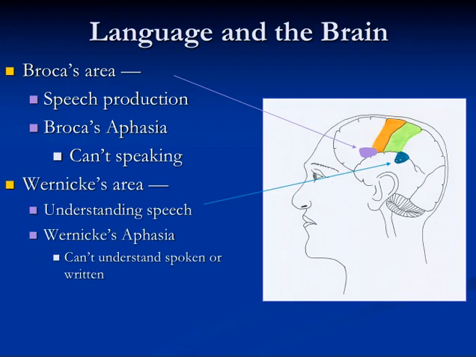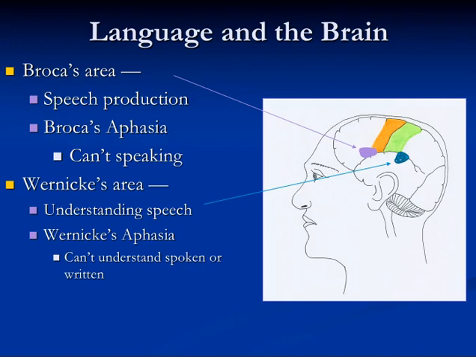Karl Wernicke, he was a German neurologist, and he was looking at patients too, and he noticed that some folks had trouble understanding speech. They could actually speak quite quickly, but they spoke in gibberish. They didn't make sense. In other words, they couldn't understand other people's speech, and they couldn't produce speech that was correct themselves.